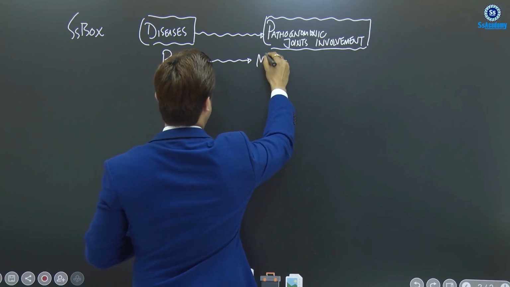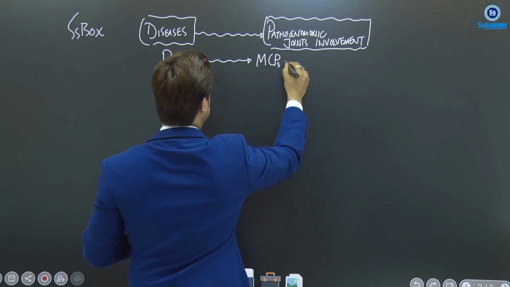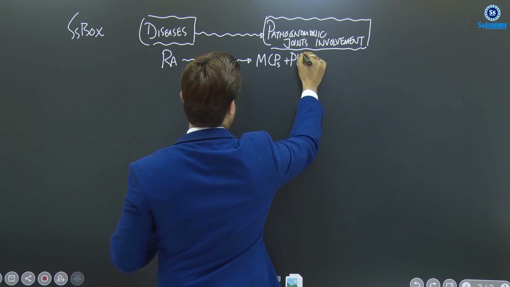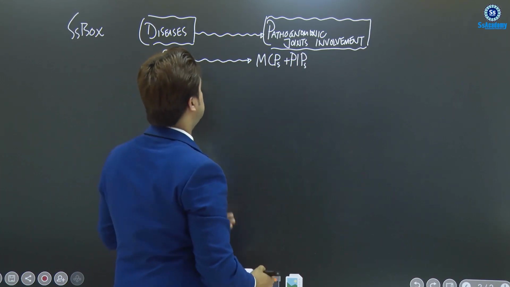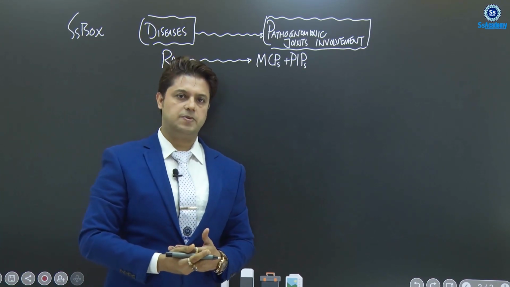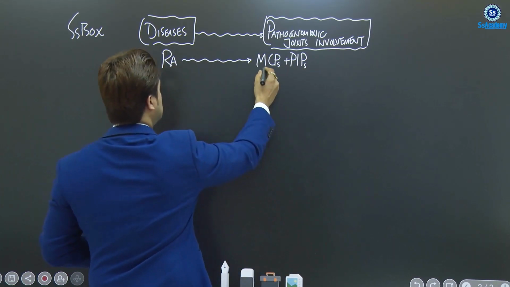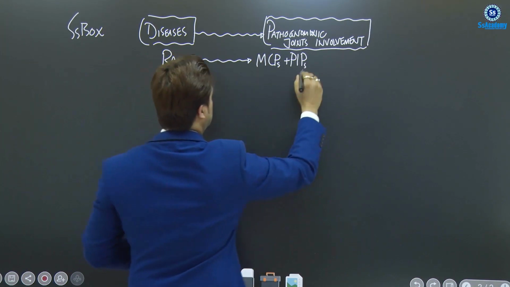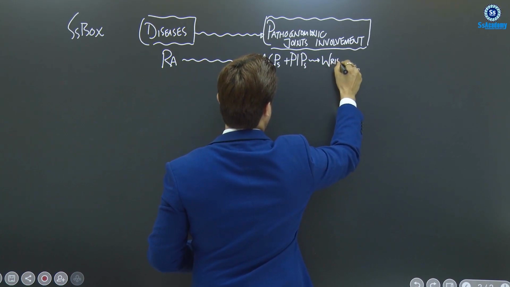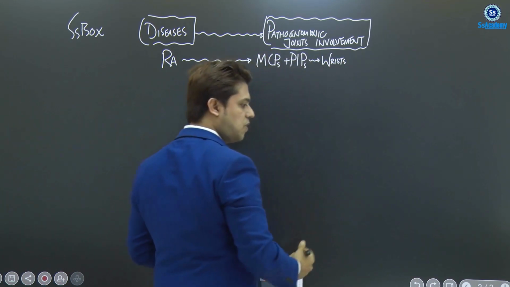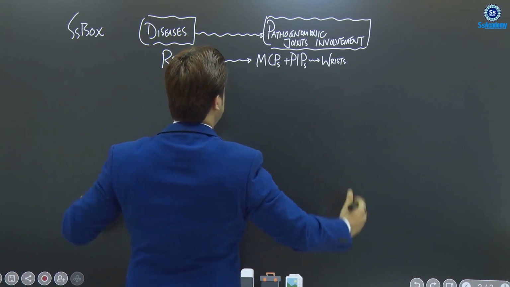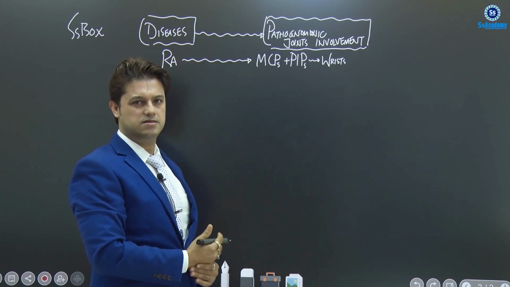So we need to write down MCPs, the metacarpophalangeal joints, and PIPs, the proximal interphalangeal joints, not the distal interphalangeal joints, the DIPs. And later on, maybe the wrist joint. So the pathognomonic joint involvements are the MCPs and the PIPs, and then the wrist, my dear.